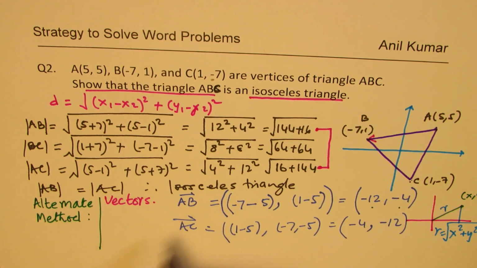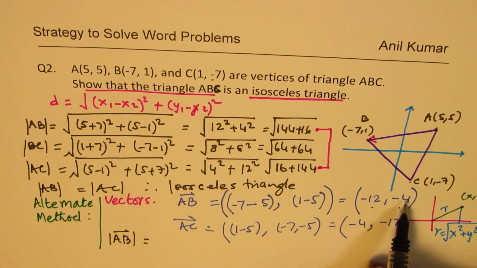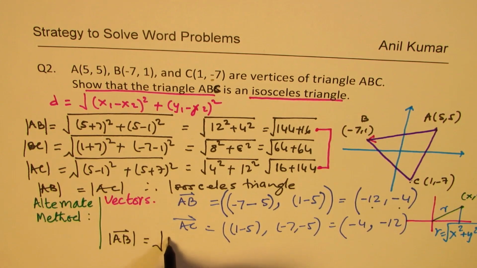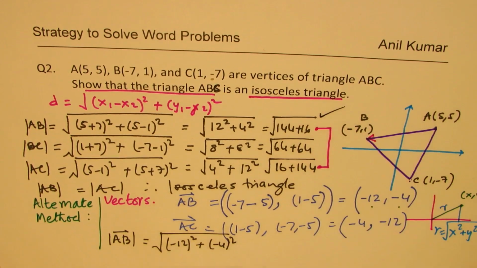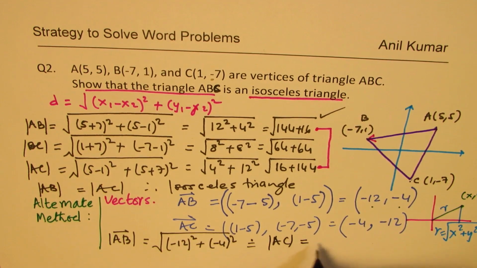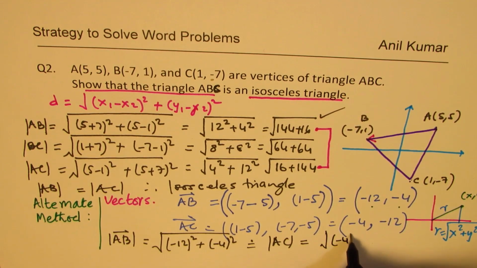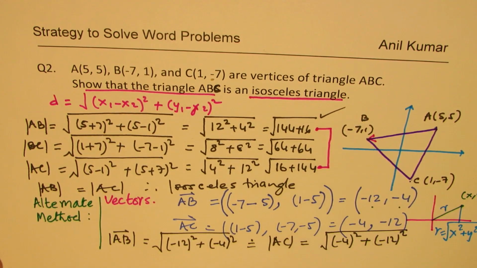So for both, if I find the distance, which I write like this, the absolute value will be square root of a square plus b square, which is square root of minus 12 square plus minus 4 square. You see, you get the same value, right? Which is same as A to C, which is also equal to square root of minus 4 square plus minus 12 square. So we get the same distance.